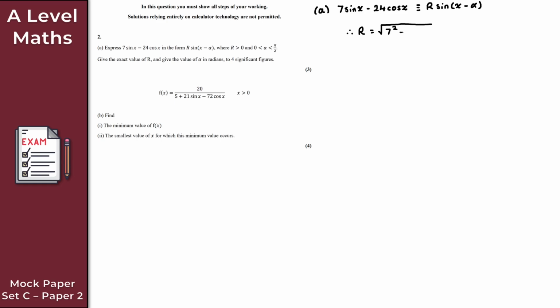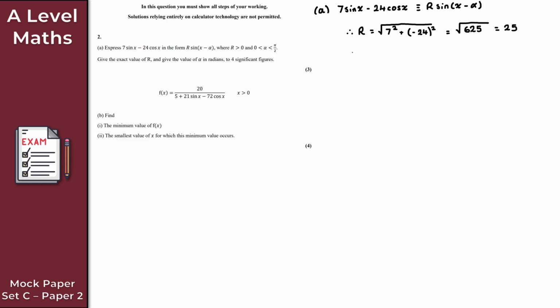If we evaluate this, what do we get? 7 squared plus 24 squared, because obviously minus 24 squared is just the same as 24 squared. That gives us the square root of 625, which is simply 25. Nice and easy.